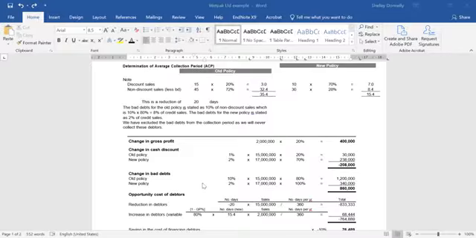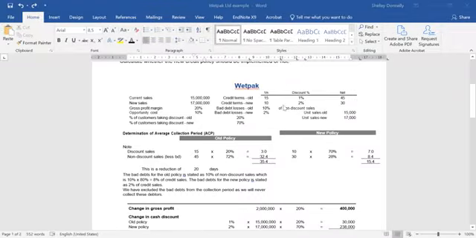Bad debts wise, under the existing policy, I'm trying to remember. Bad debt losses old, 10% of non-discount sales.